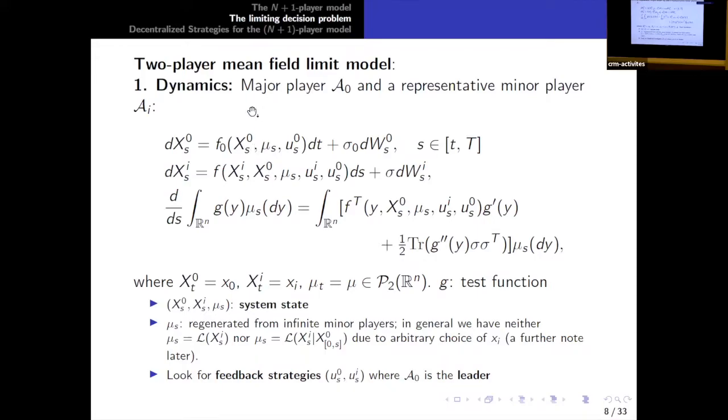So for our further development, we will start by considering a two-player mean-field limit model. Here in this picture, we can see one major player, and then a single representative minor player as the follower.